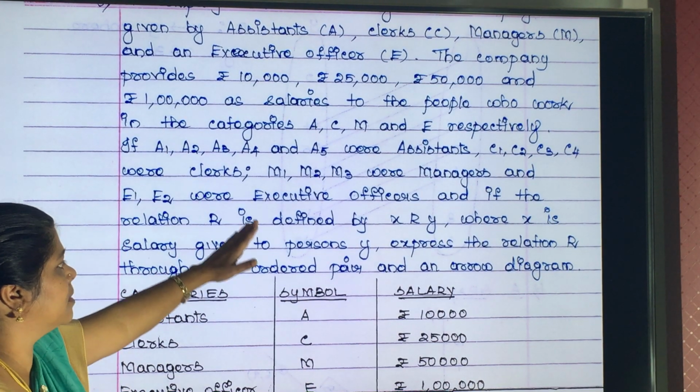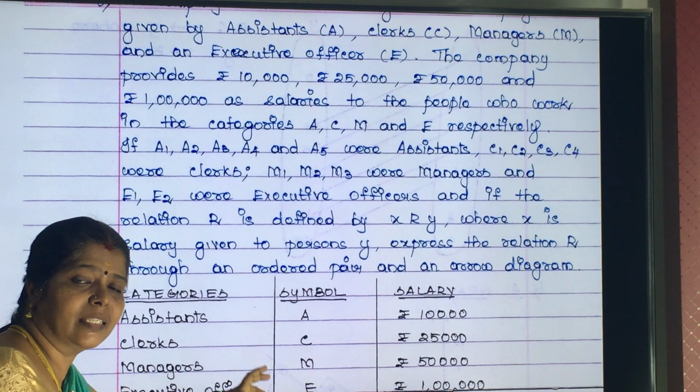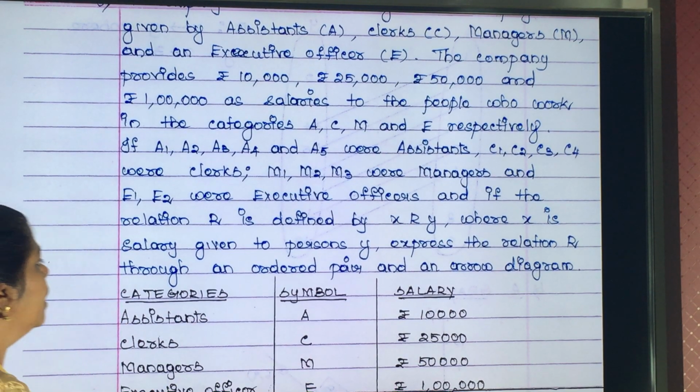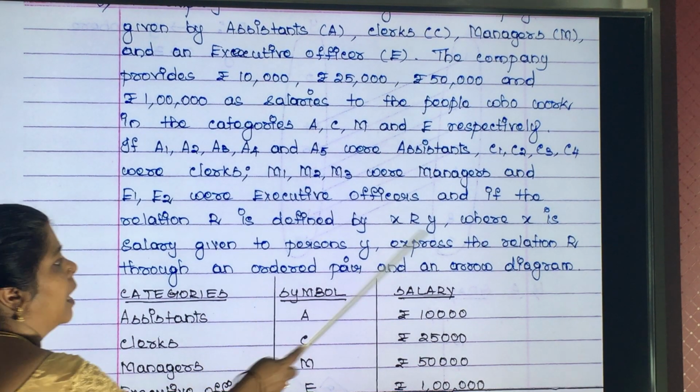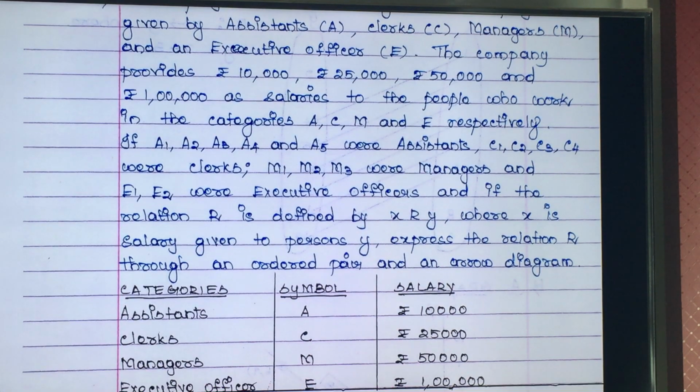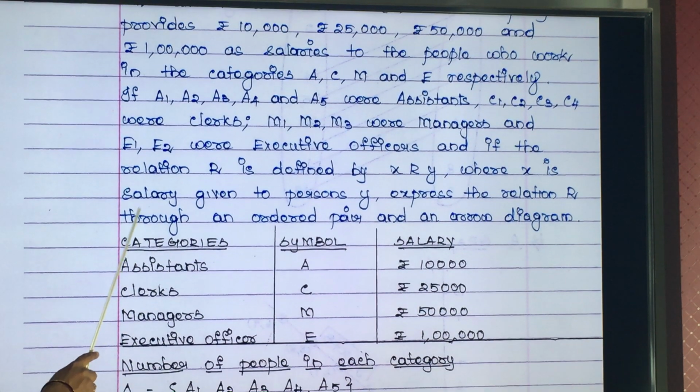So understanding this sum, we have to express this relation in the form of an ordered pair and an arrow diagram. For that, let me first write this in a tabular form, which will give a better understanding. The categories are assistants, clerks, managers, executive officers.